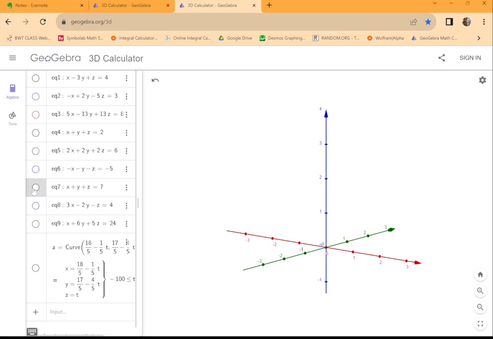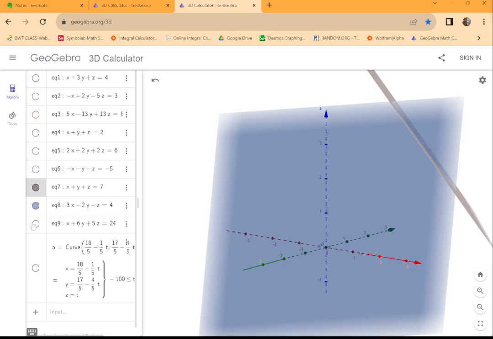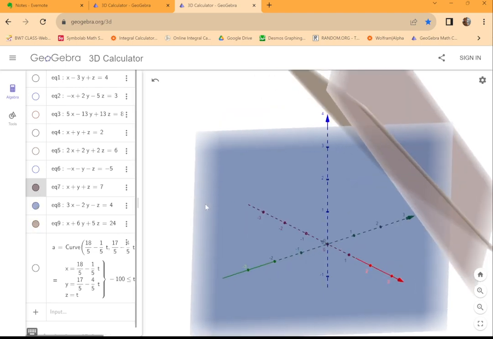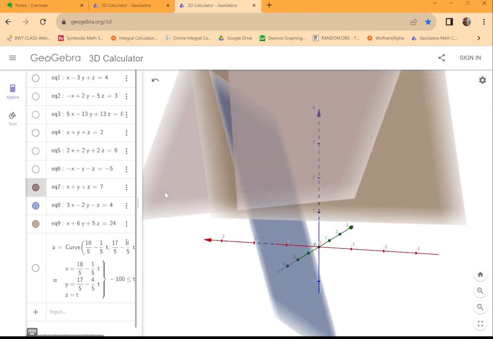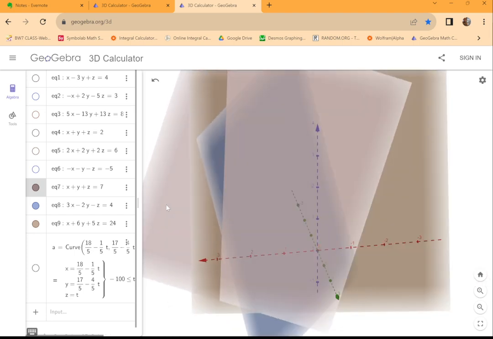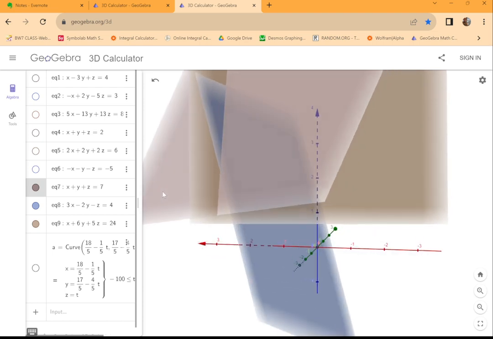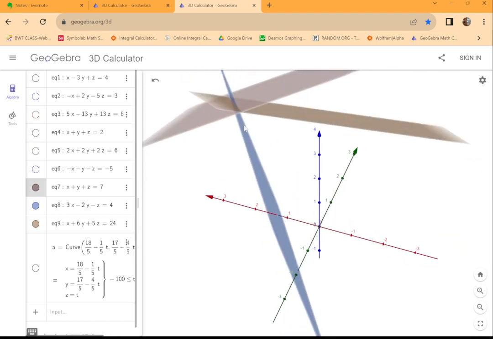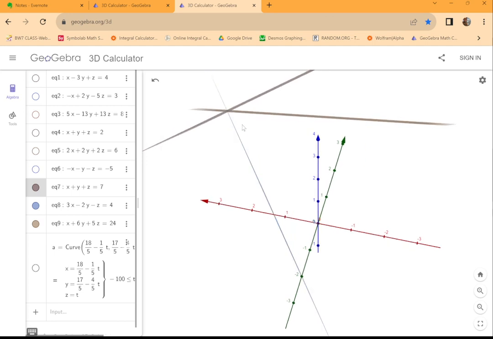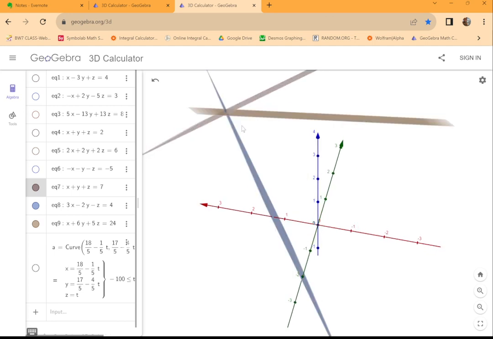So if we look at this third system here, now these do have points in common, but it's different from the previous one in that it's not one point in common. They actually all three intersect at a line. This isn't the one where two at a time intersect.